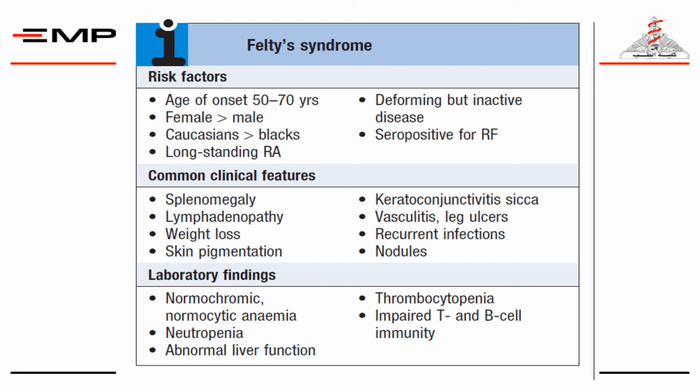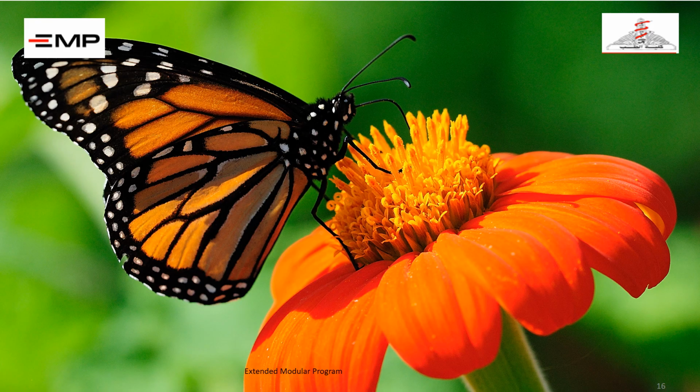Common clinical features in these patients: there is splenomegaly, lymphadenopathy, weight loss, skin pigmentation, keratoconjunctivitis sicca, vasculitis, leg ulcers, recurrent infections, and subcutaneous nodules. In the laboratory findings of these patients, there may be normochromic normocytic anemia, neutropenia, abnormal liver function, thrombocytopenia, impaired T and B cell immunity, and vasculitis.